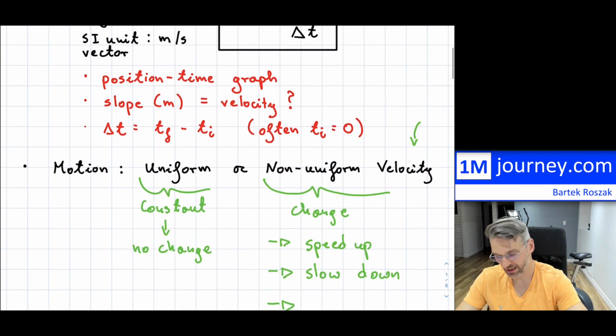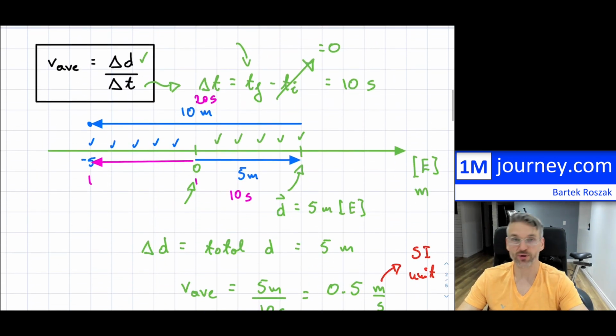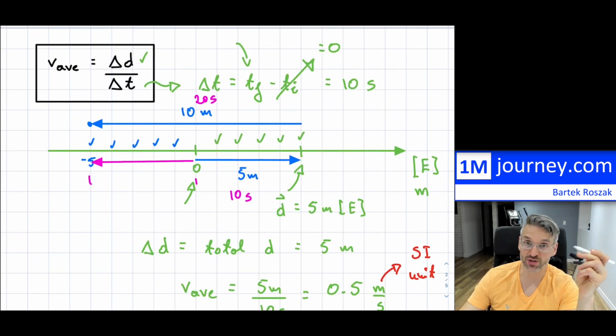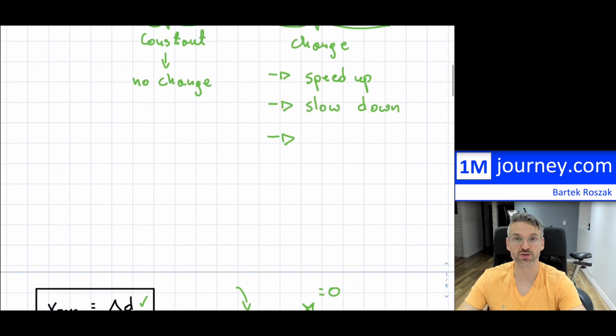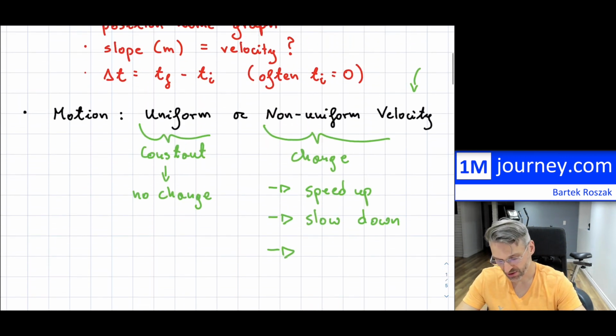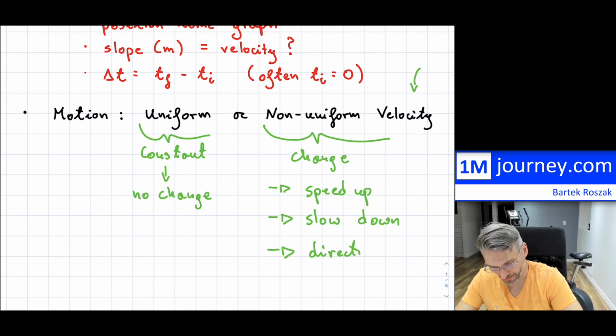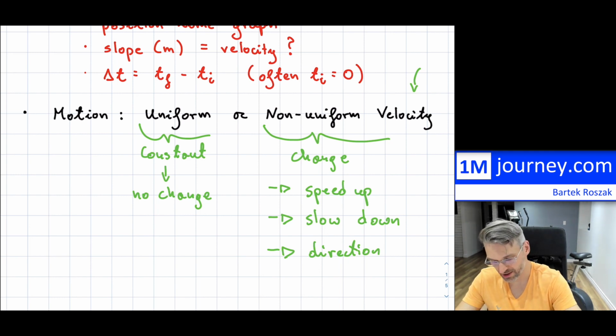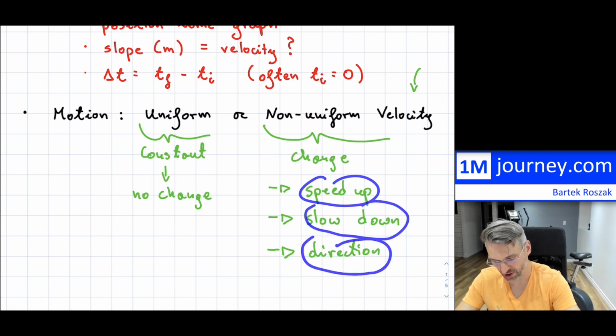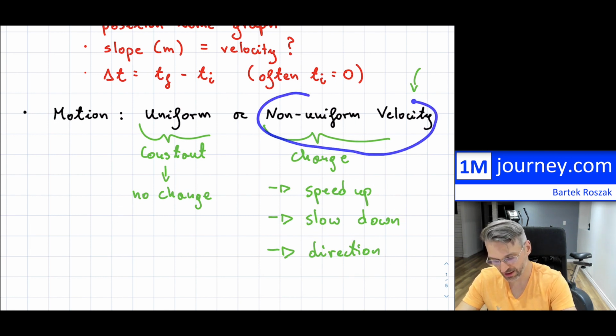So technically, when we were doing this example and we walked one way and then we changed our direction to go another way, during that change it was non-uniform. Now the rest was actually uniform, but we were only interested in the averages. So if you change your direction, then that creates a non-uniform velocity. So speeding up, slowing down, or changing direction means that your velocity is non-uniform.